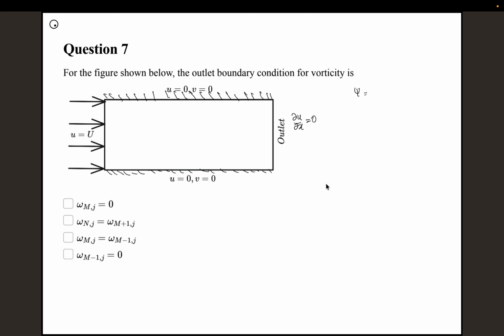If both bottom and top are walls, psi is constant for sure, but what would be the values of psi? Can I make psi equal to 0 on top and bottom?